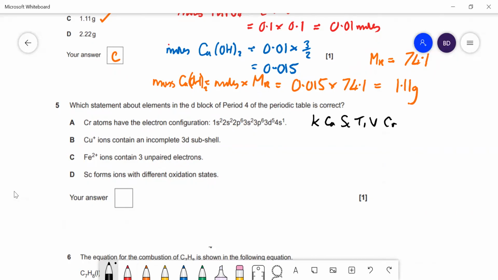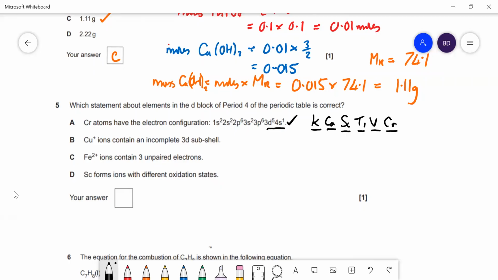You might expect potassium 4s1, calcium 4s2, and scandium 3d1, titanium 3d2, vanadium 3d3. You might expect chromium to be 3d4, but of course it's not. It's 3d5 and 4s1. It kind of borrows one from the 4s. So that is correct.